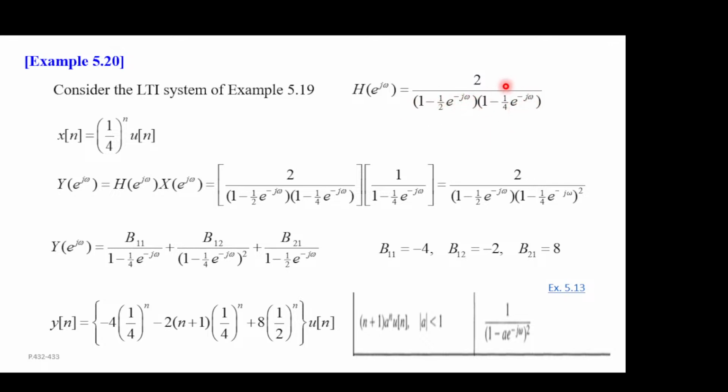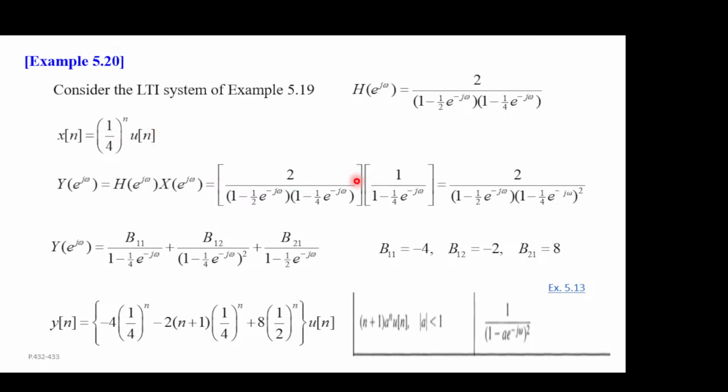And let's say we have input signal equal to this exponential decay with 1 over 4, and then we want to ask what's the output signal. So once again, we go to the frequency domain, and we can already write down its spectrum easily.